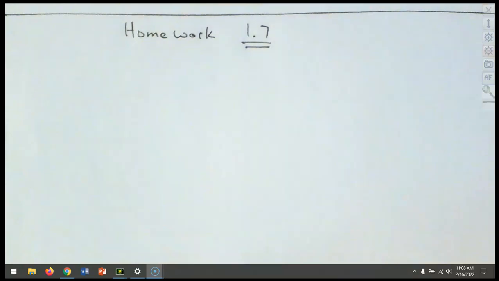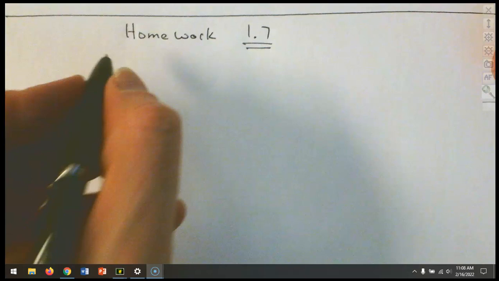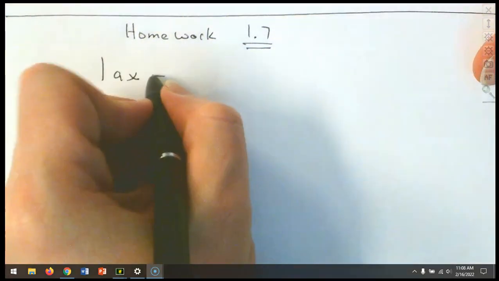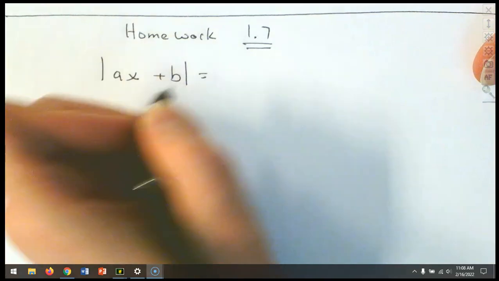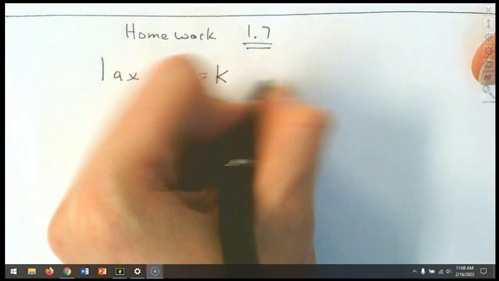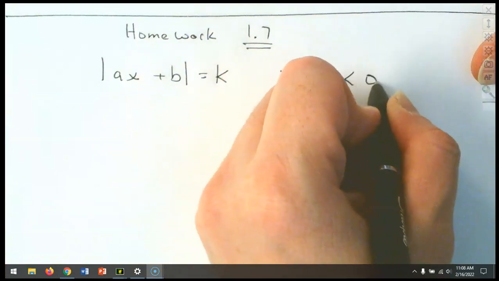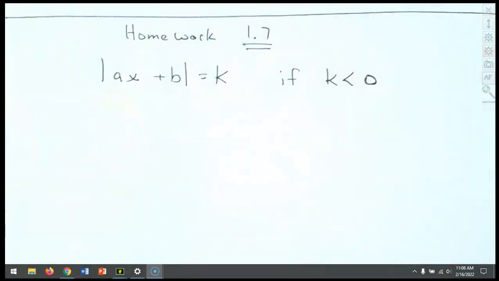This goes back to what we just looked at a minute ago. It's just written with variables instead of numbers. Now they want you to tell me how many solutions this is going to have.